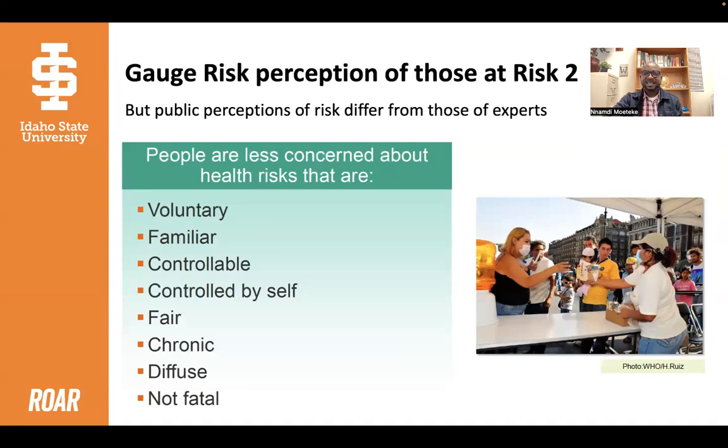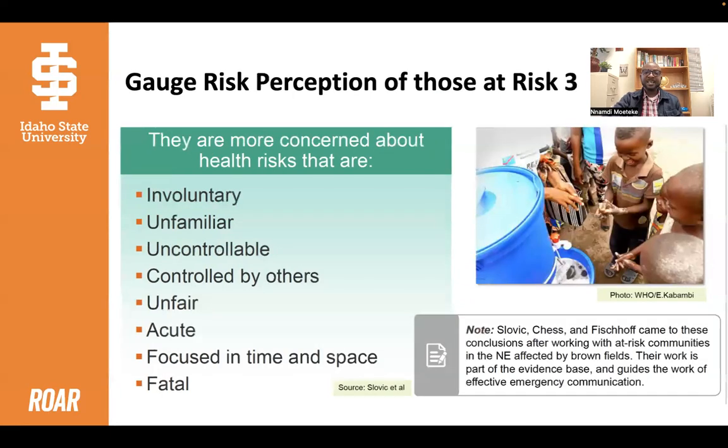Public perceptions of risk differ from that of experts, and people in the population are generally less concerned about health risks that are voluntary, familiar, controllable, chronic, diffuse, or non-fatal. They seem more worried or outraged only when these health risks are involuntary, unfamiliar, as we saw in the case of COVID-19, which was something different, and uncontrollable and unfair or acute and focused in time and space.